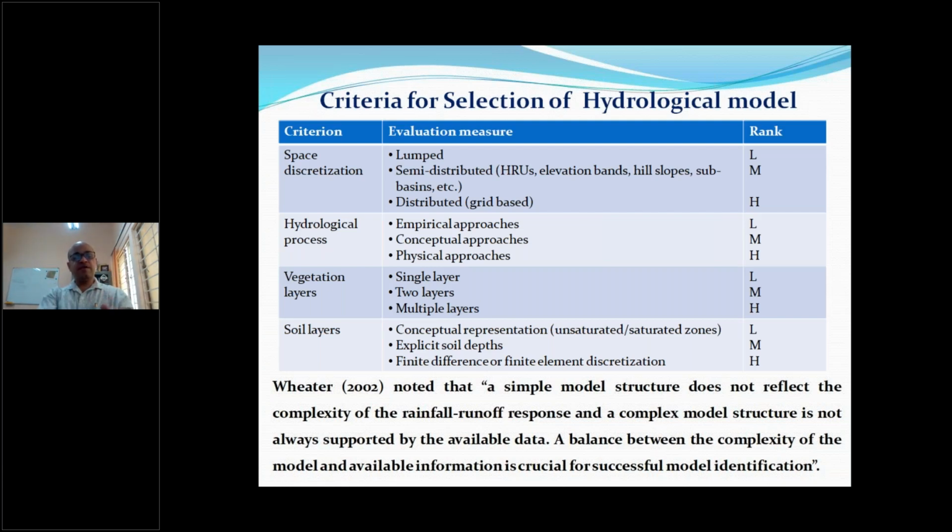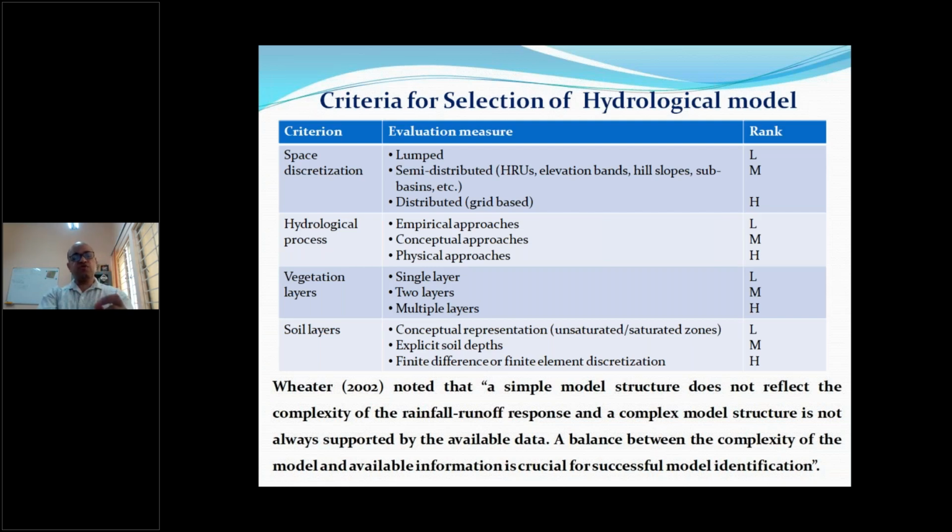For example, in terms of space discretization, if the model assumes your entire area as one entity, so it's a lumped model, you should give it a low ranking. If it's a semi-distributed model like HRU, elevation bands and hill slopes or sub-basins, I'll give that model a medium ranking. And if it is a truly distributed model, I will give that model the highest ranking.